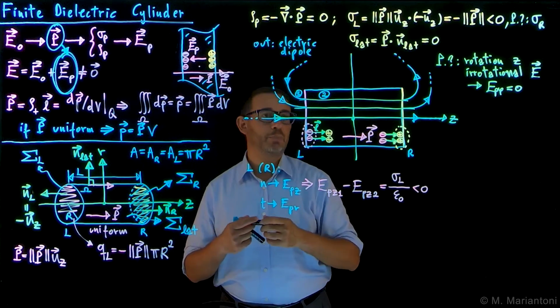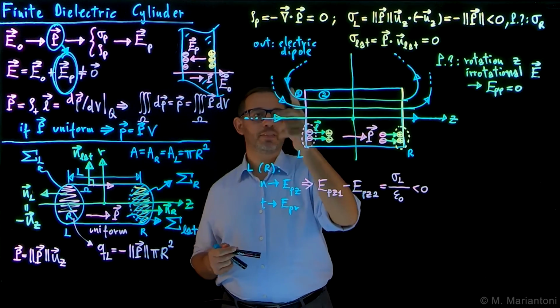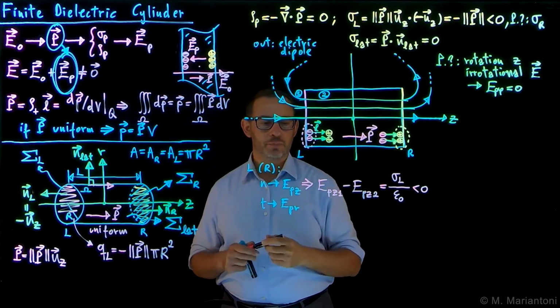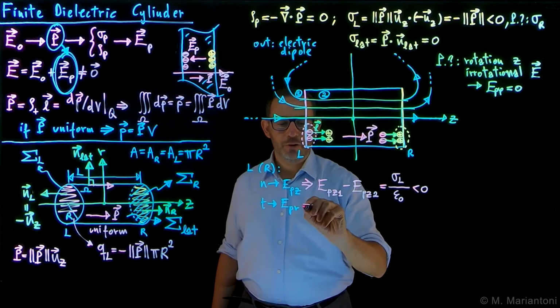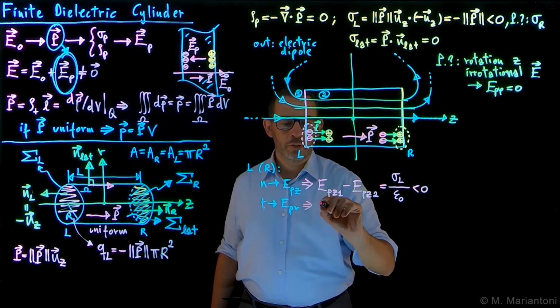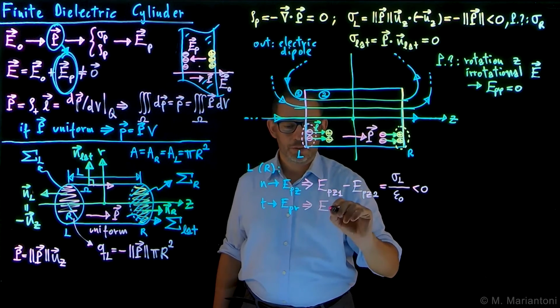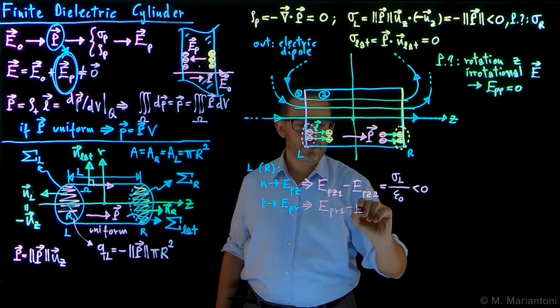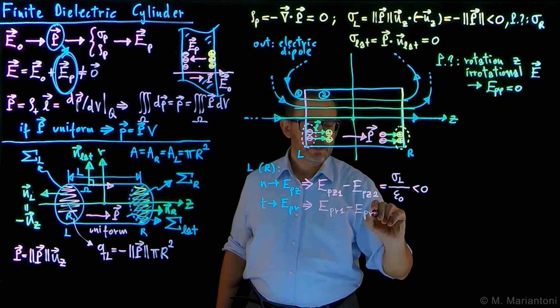This makes very much sense because we know that outside the field points in this direction, whereas inside is the opposite direction, so clearly they are discontinuous. Whereas the tangent components, from 242, we know that they must be continuous. So E_PR1 minus E_PR2 have to be equal to 0, so they are continuous.